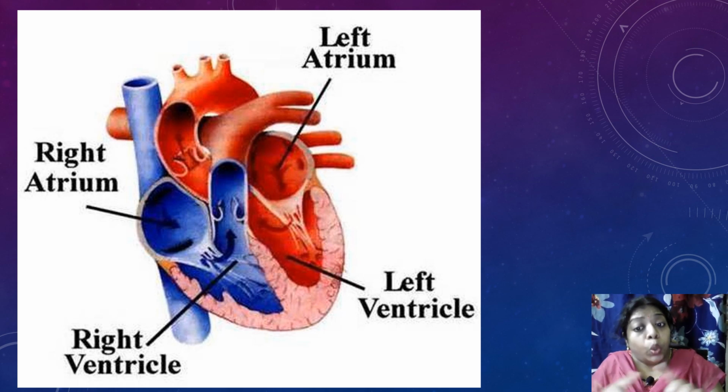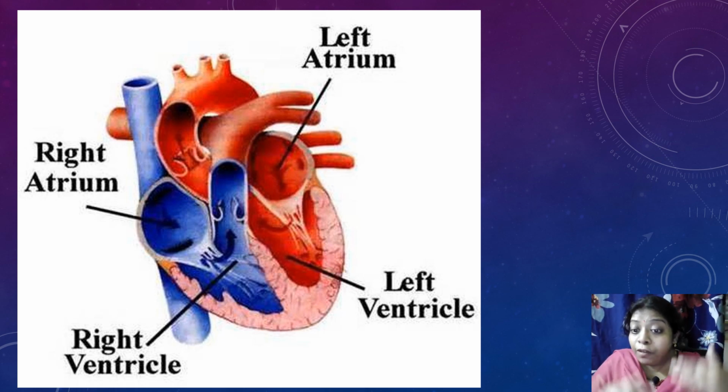There are two ventricles because there are two different circuits where the blood needs to be pumped throughout the circulation, where the blood receives the oxygen from the lungs.